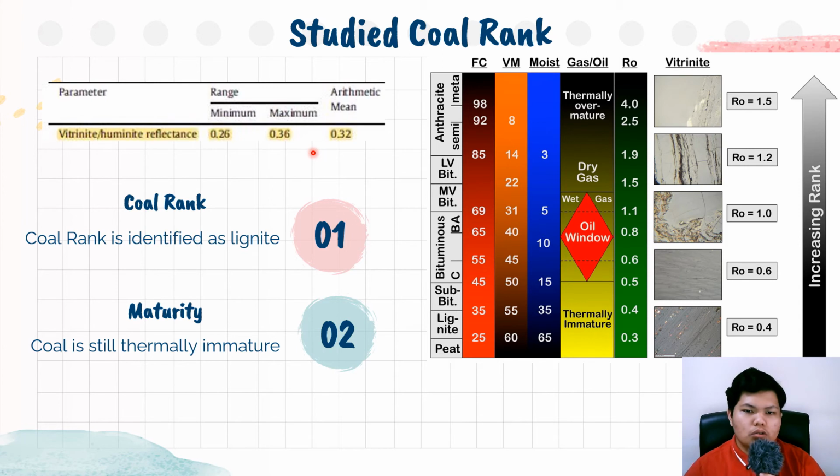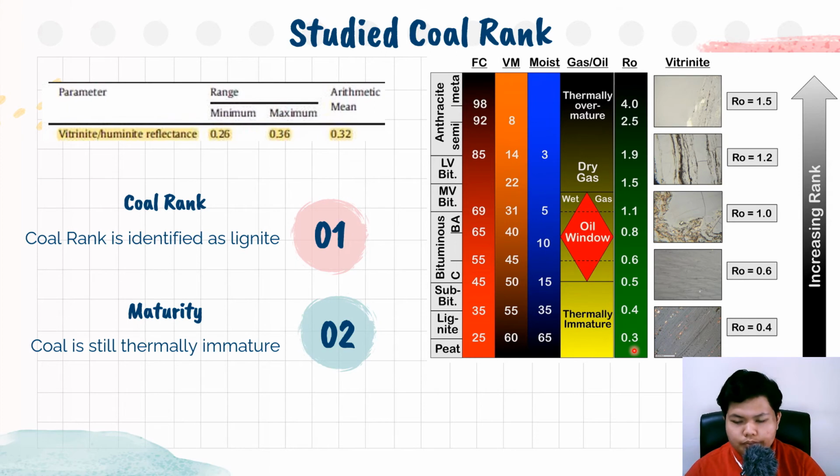So our mean vitrinite reflectance percentage is 0.32, and we can compare it with the scale on the right-hand side of the slide.